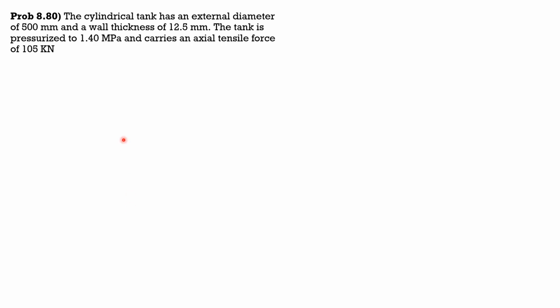The cylindrical tank has an external diameter of 500 mm and a wall thickness of 12.5 mm. The tank is pressurized to 1.4 megapascals and carries an axial tensile force of 105 kilonewtons. Determine the maximum normal and shear stresses in the wall of the tank.